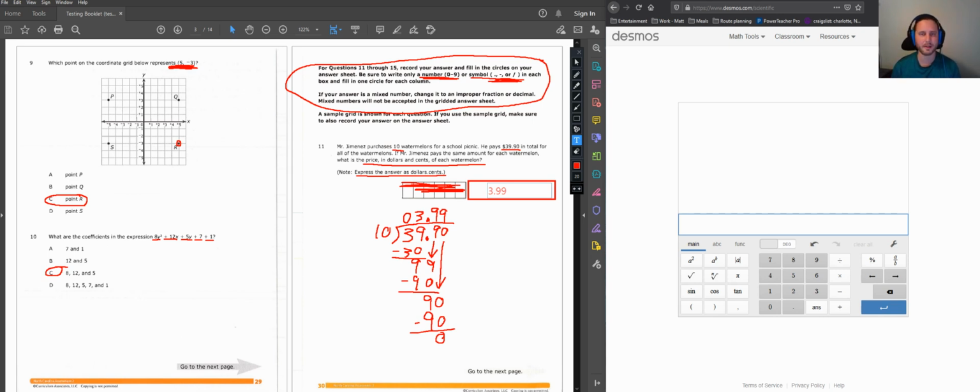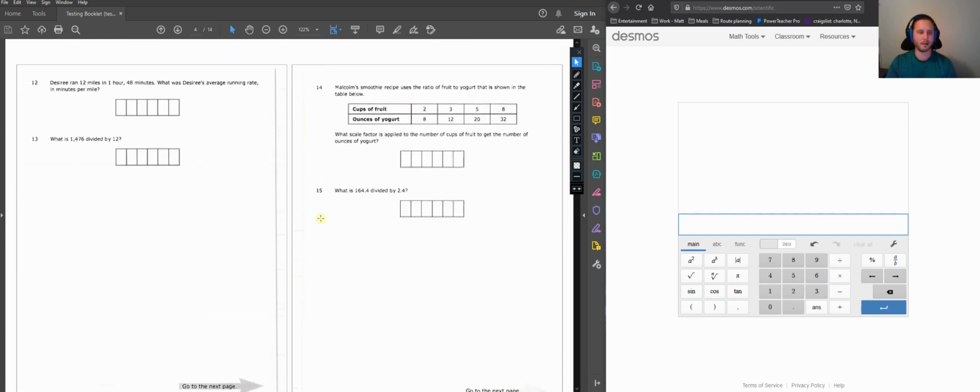You'll never go to McDonald's and order yourself breakfast and then have the cashier say, okay, that'll be $3.900. That's not going to happen. It will always be 2 decimal places. So keep that in mind. Pay attention to what it wants you to express your answer as, because it might only want a certain number of decimal places.